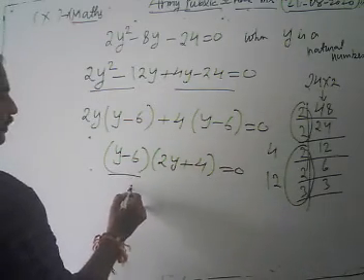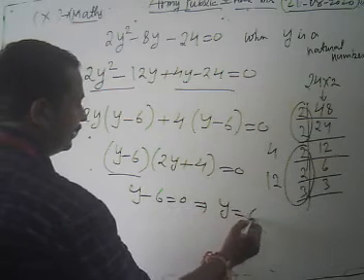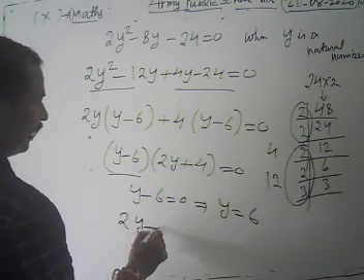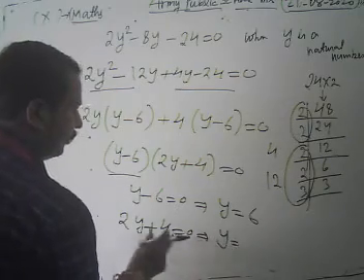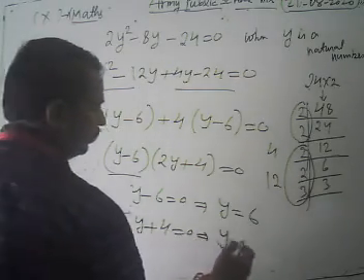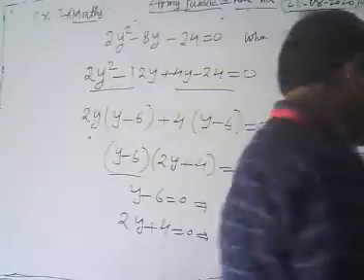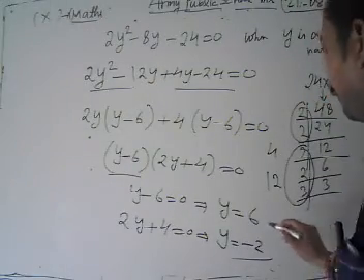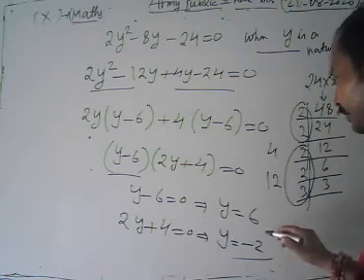When this is 0, our y minus 6 is 0, so we get the value of y is 6. When our 2y plus 4 is 0, we get y equal to minus 2. We get the values y is 6 and y equal to minus 2. But here we have to find y as a natural number.